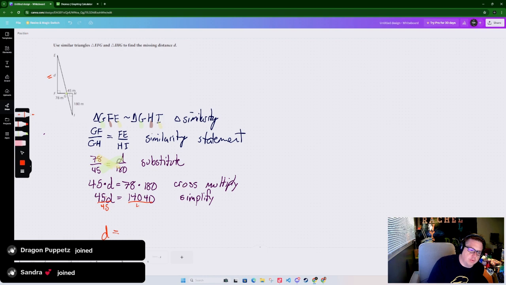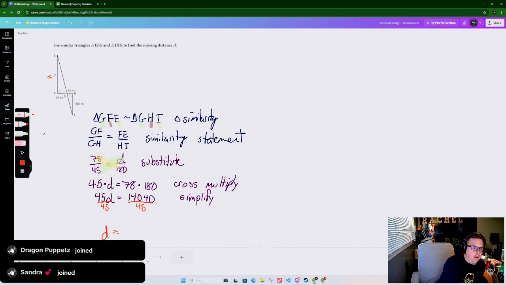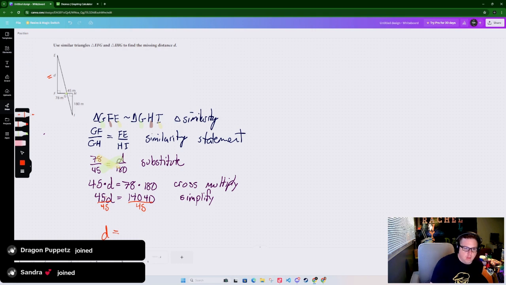So we're going to divide both sides by 45. Once we do that, let's go back to Desmos. We can hit divide, do 14040 divided by 45, and we're going to get 312. We did that by the division property of equality again.